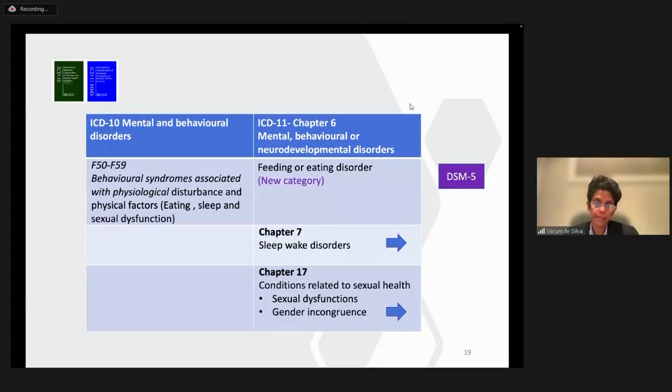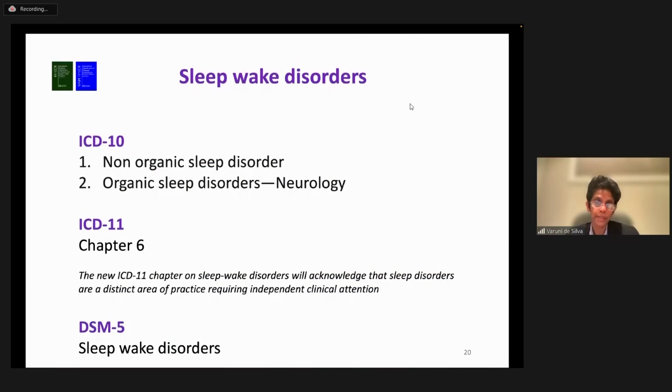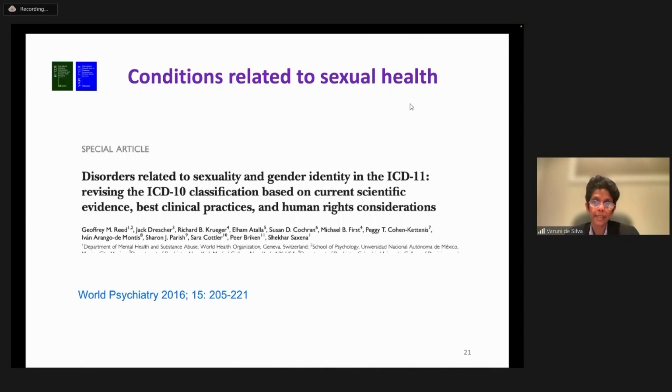The next important change is that the conditions related to sexual health, the entire thing has been taken out into a separate chapter 17 as well. So that means, again, that is not there under the mental and behavioral disorders.